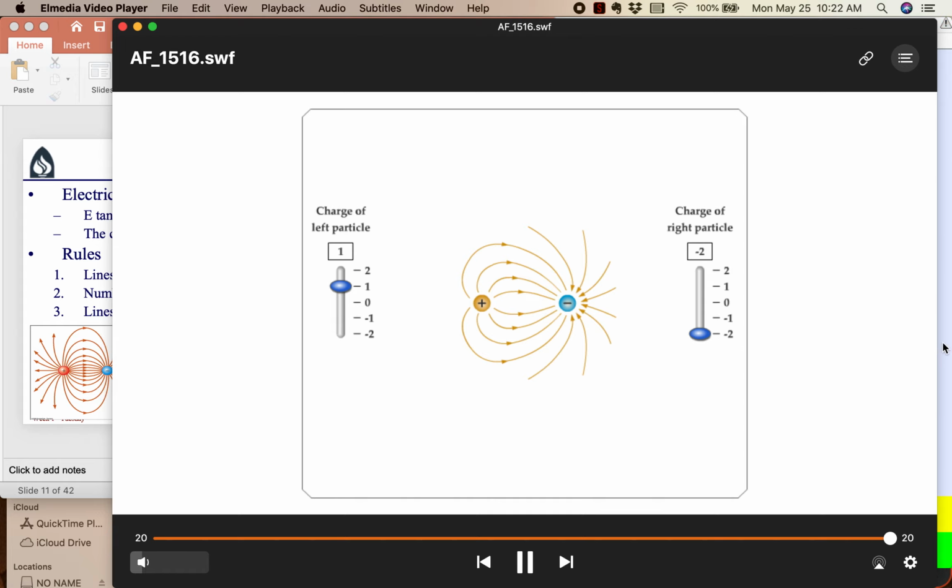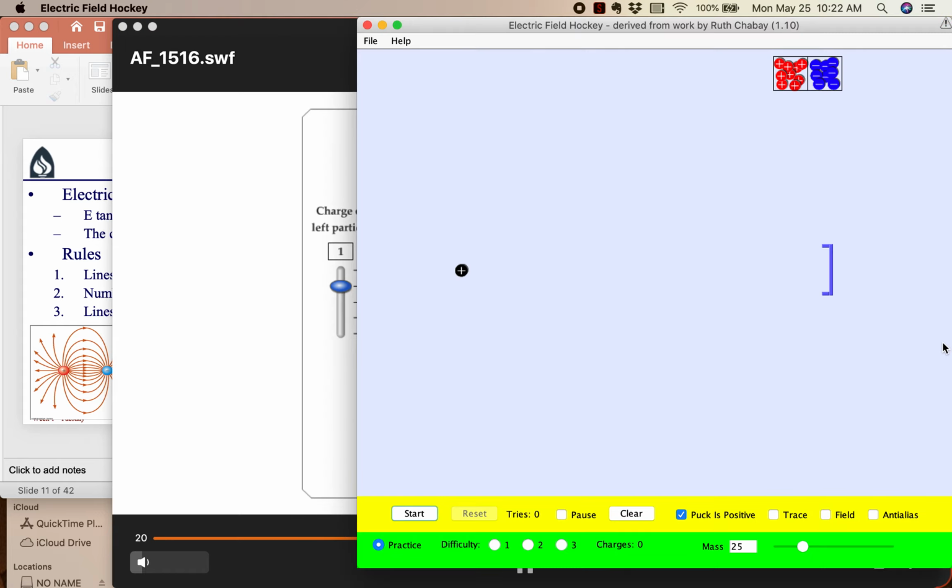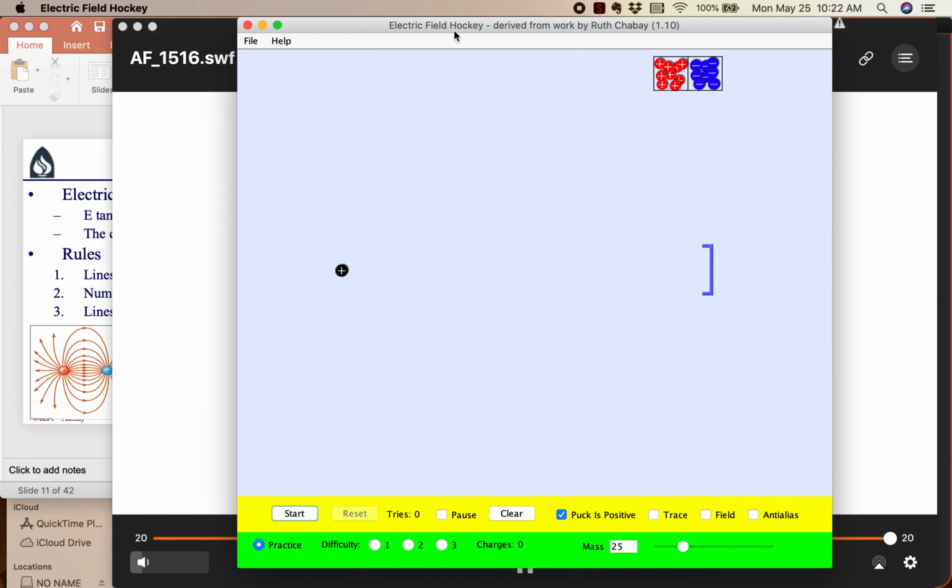Another fun applet that I wanted to show you, this is actually posted on Learning Hub, so you can try it out on your own. This is a game called Electric Field Hockey. With electric field hockey, you have a positively charged puck, and you can position positive and negative charges so that the puck will move into the goal, like so.